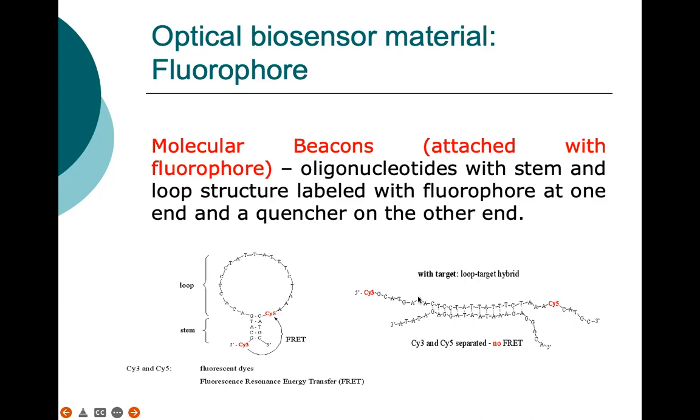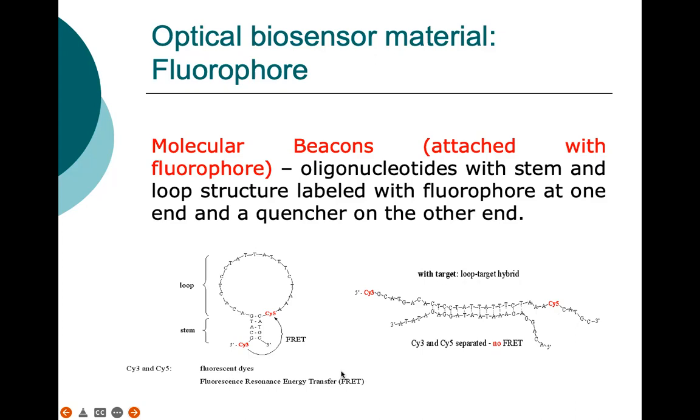So you can see that this shape of the molecular beacon opens up, and then there are changes in fluorescence. Why? Because we have fluorophores, and I believe that you know about fluorescence. The thing about this is what we call FRET, fluorescence resonance energy transfer.